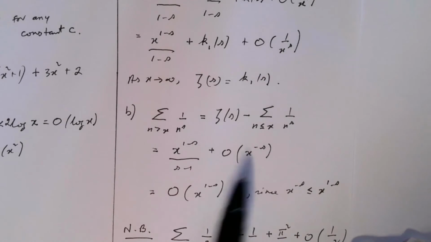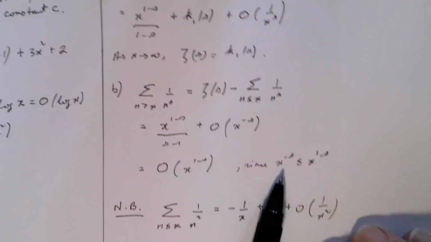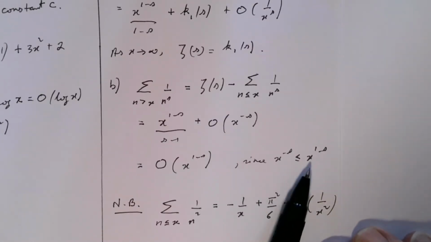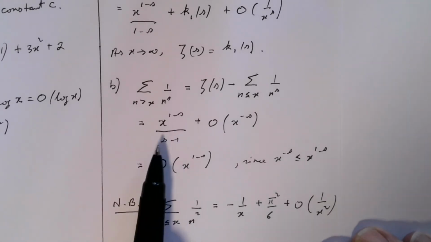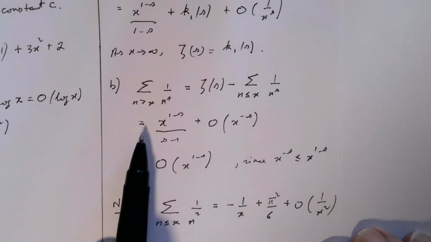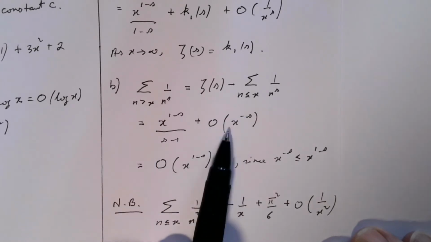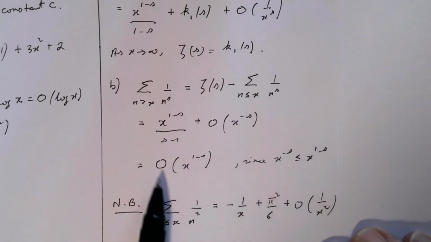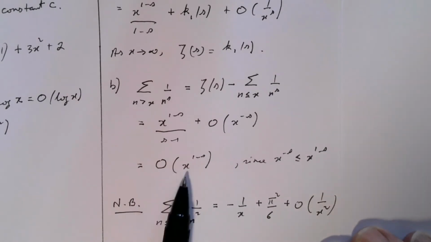And because x to the minus s is less than x to the 1 minus s for s bigger than 1, then I can simply say that any function, this one is going to be less than this one, and so I can write the whole thing as big O x to the 1 minus s.